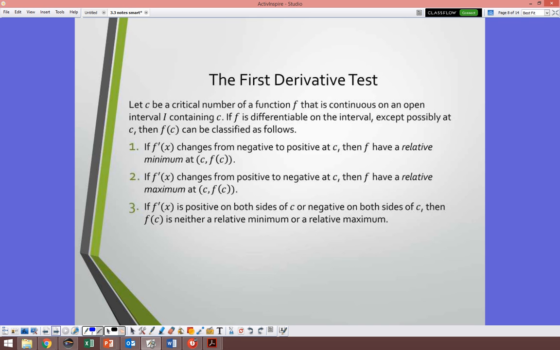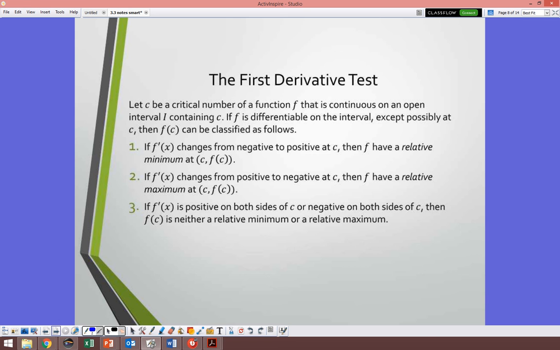So, first derivative test. Let c be a critical number, and the function is continuous on an open interval containing c. If f is differentiable on the interval except possibly at c, the classification could be as follows. It could also apply if it's not differentiable at the point. What type of problems do we have that are not differentiable at that point? Absolute value.